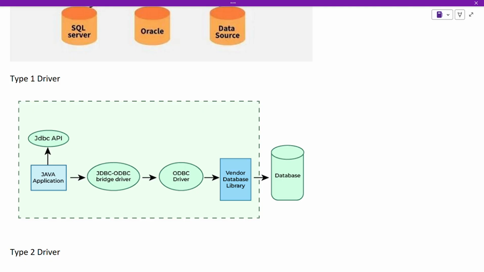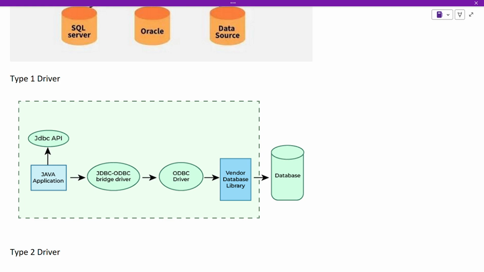As we discussed, the vendor's database is supposed to have this ODBC driver. If our Java application does not have the ODBC driver, we can create this JDBC-ODBC bridge driver, and using the bridge, we will be able to convert all of our Java code into ODBC code.